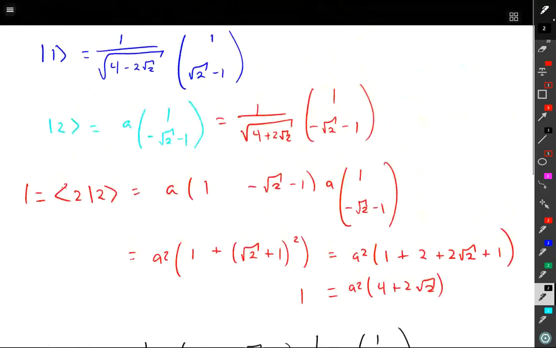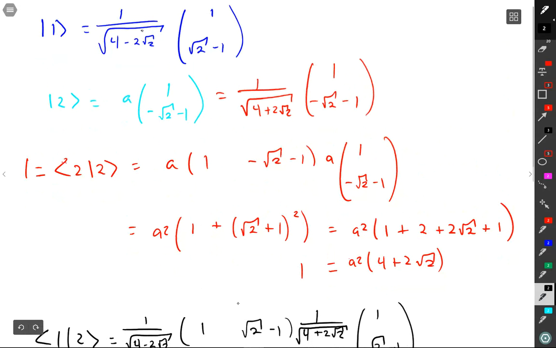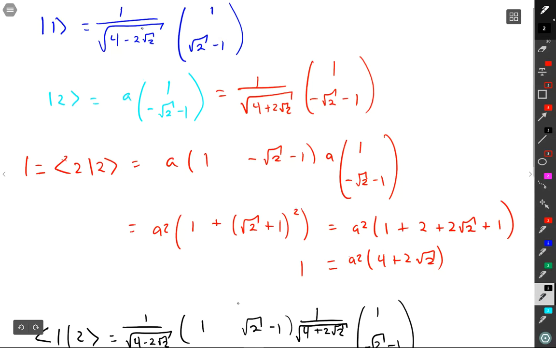So in this case, since these are our two eigenvectors, then S minus 1 is equal to, and this is going to be ugly. So I'm going to put the first one here. For the first one, I have to bring the normalization term inside now. 1 over square root 4 minus 2 root 2.